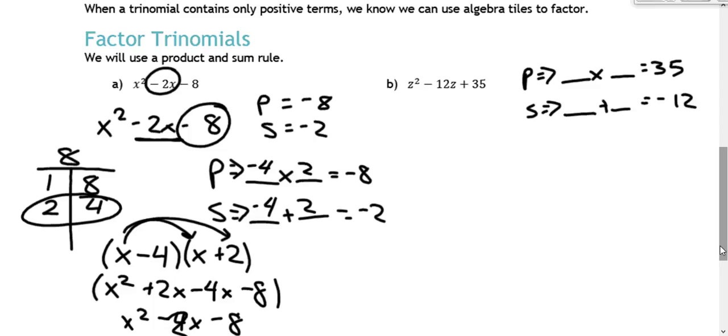I look at this and I know that I need 7 and 5 in some capacity, because 35 only has so many things that it multiplies to. Like there's 1 and 35, and then the next one I think of is 5 and 7. This needs to be negative, so both of these need to be negative, and there we go. So then z minus 7 and z minus 5.